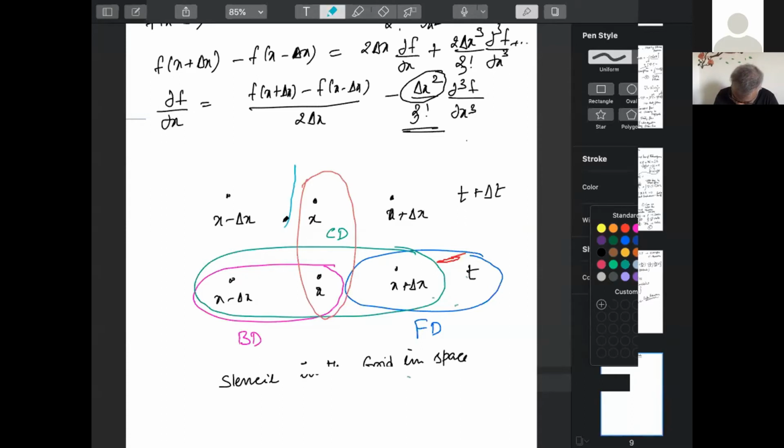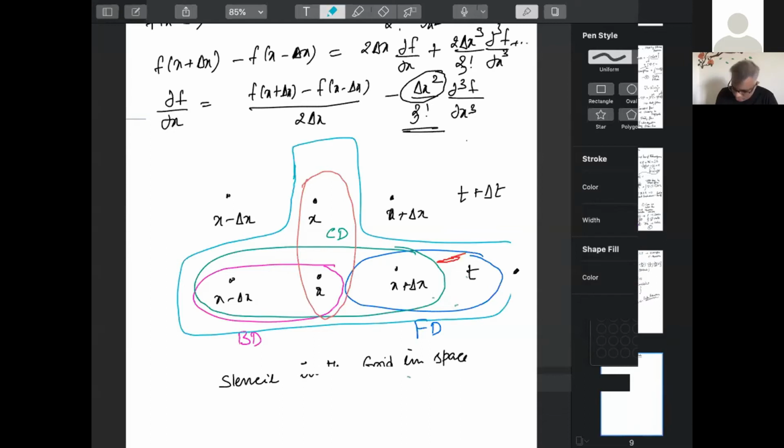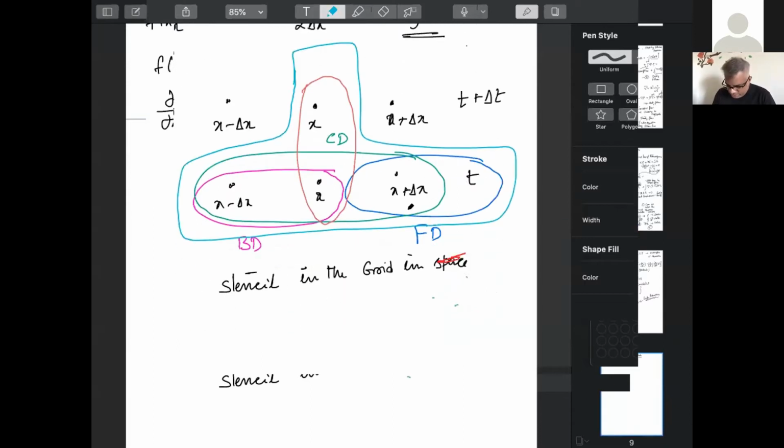So this is my stencil. That's the region I'm actually covering in the grid. So we use this stencil on the wave equation and see what happens.